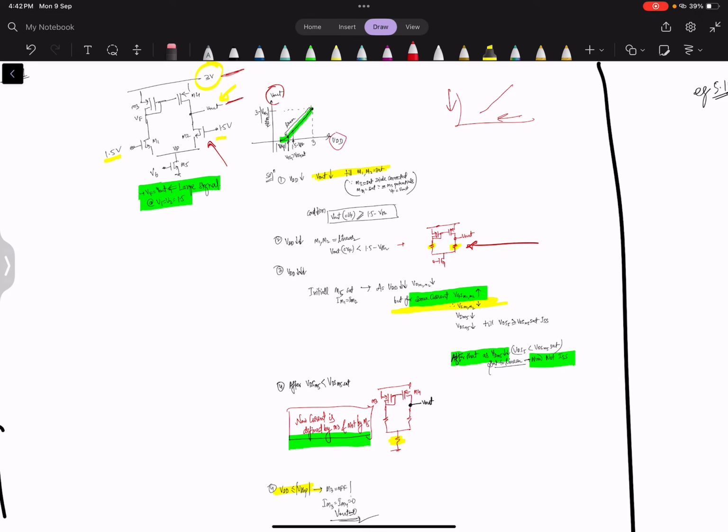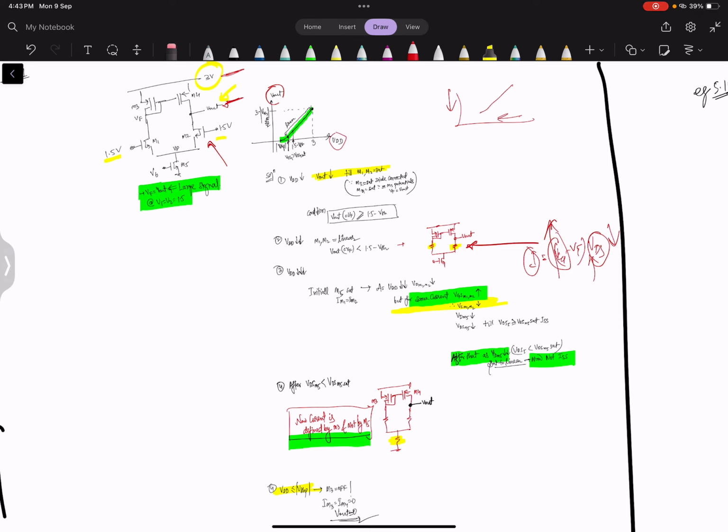Now we know that since this voltage V out is decreased, what will happen? We have the same current I fixed, equal to VGS minus VT multiplied by VDS, because it is the linear region. So as this is fixed and this VDS is decreased, VGS has to increase.